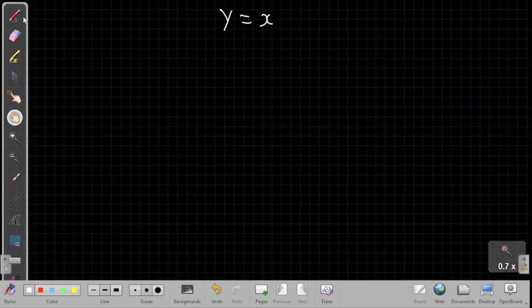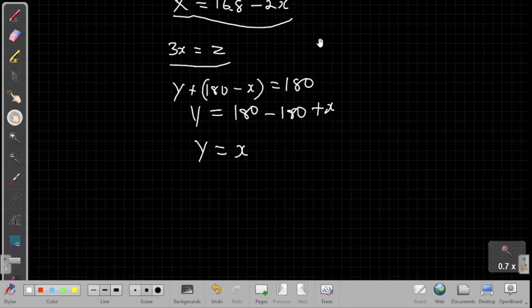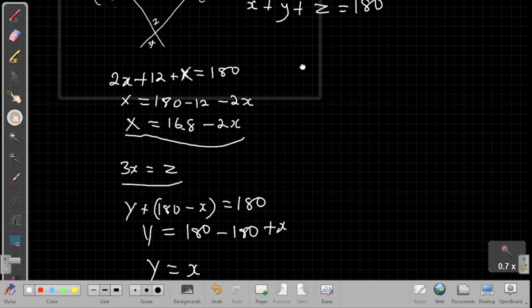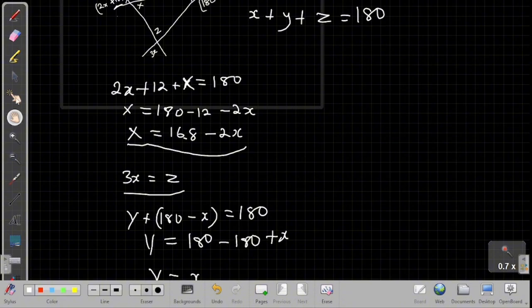So what's the first one we have here? We said basically y is equal to what? x. Okay, let me do it from here so that we follow up. So x, the first one, x is what? 168 minus 2x.